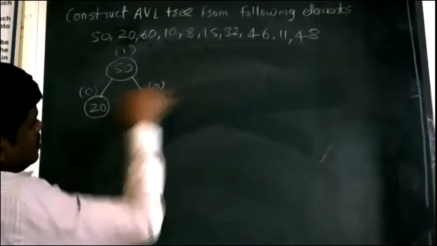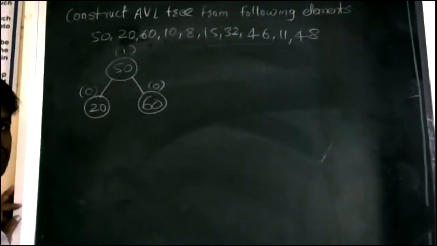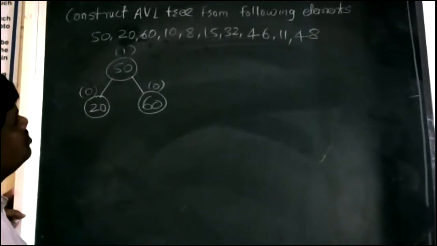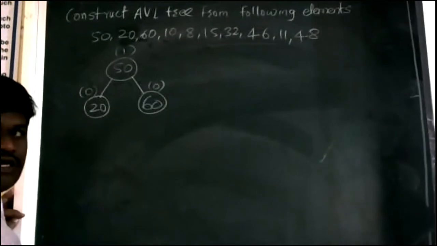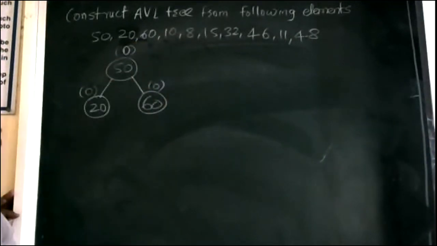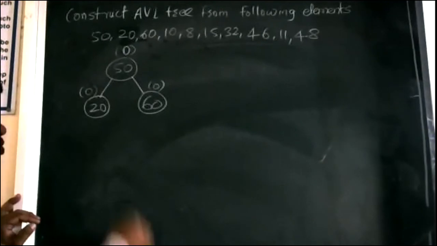What is the balance factor? 0. Next, after that, the balance factor of 50? 0. Next element 10. Where to insert 10? Left side of 20.